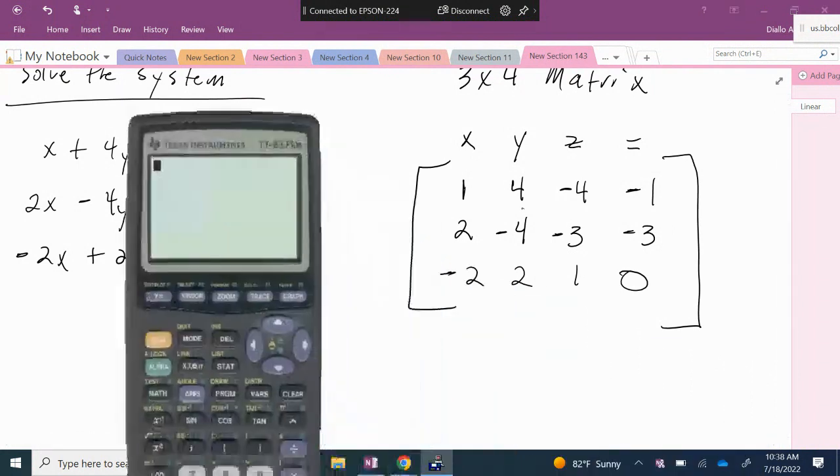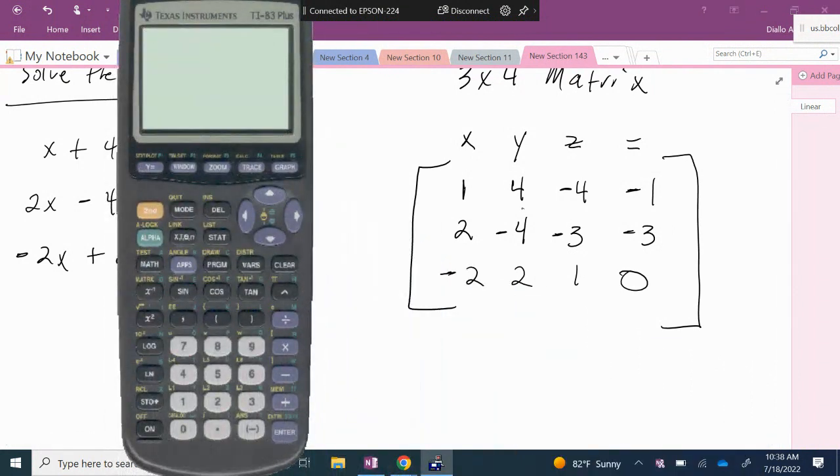So we're going to put that into the calculator. All right. So I'm going to turn the calculator on. And now I want to go into matrix. On my particular calculator, matrix is above the x inverse key, and it's a second function. So I'm going to hit second and matrix.